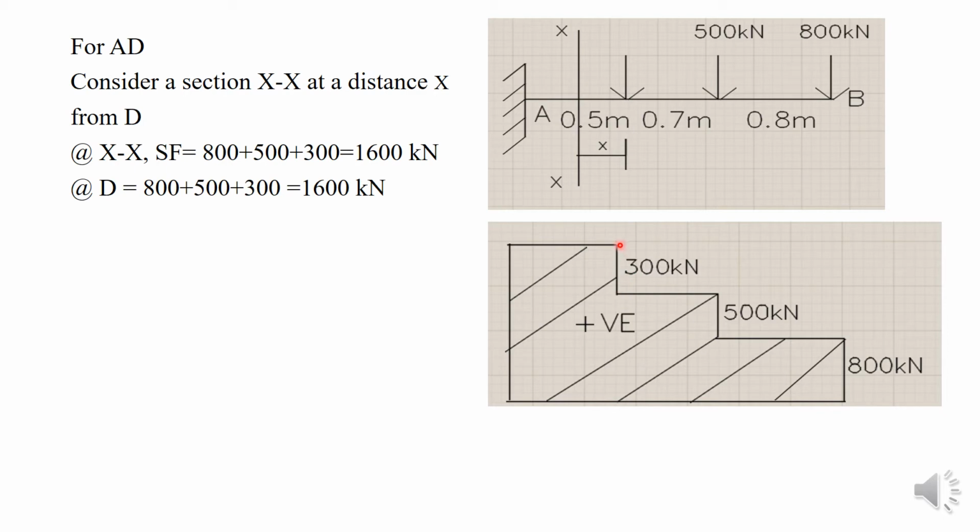That means this variation has to be marked as a vertical line at D, and then you bring the section line up to A and check whether there are loads coming on this B. Okay, if there are no loads coming, you can draw this straight, horizontal line up to the point A, and then you can draw this line up to the baseline, and you can shade the region and mark it as positive.